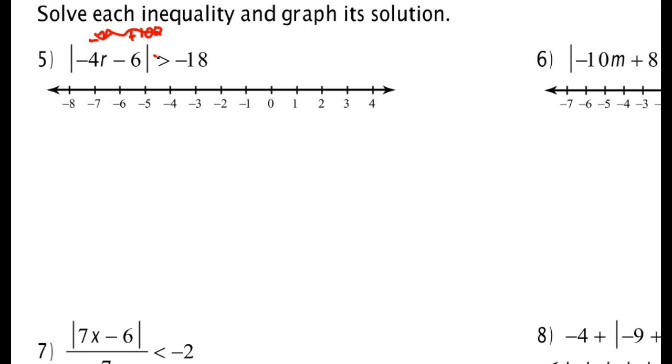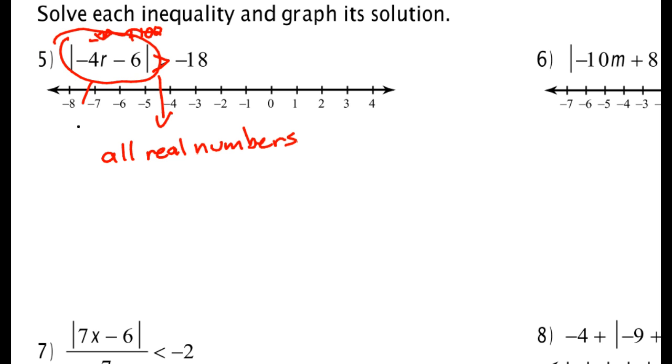It seems like since this is greater than, it seems like all numbers work. Okay? Because this right here is always positive.